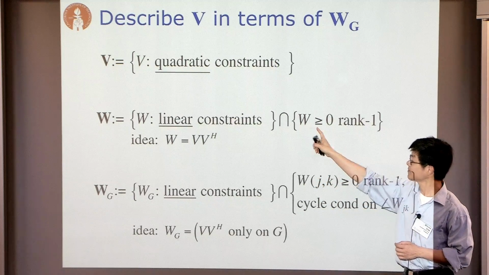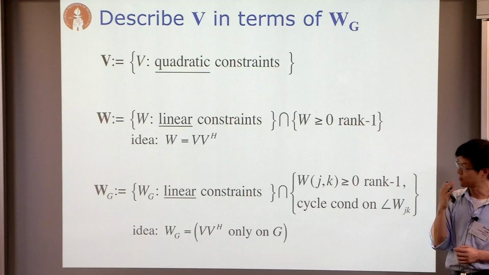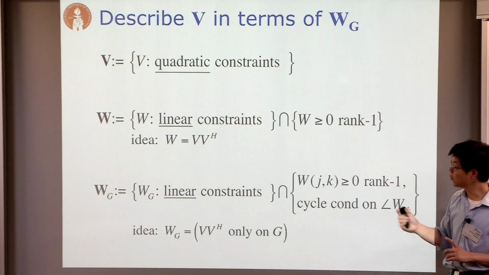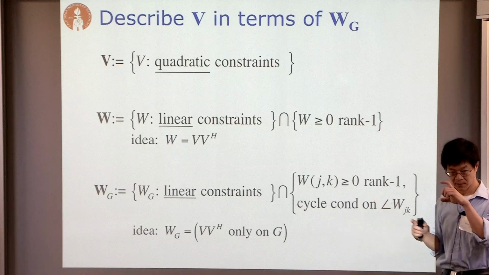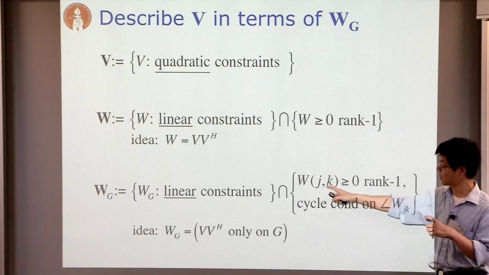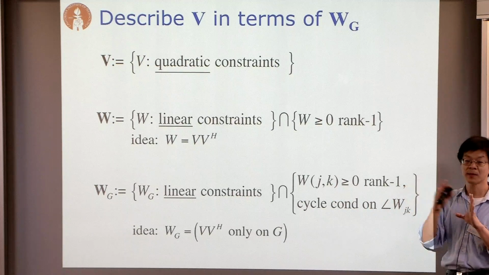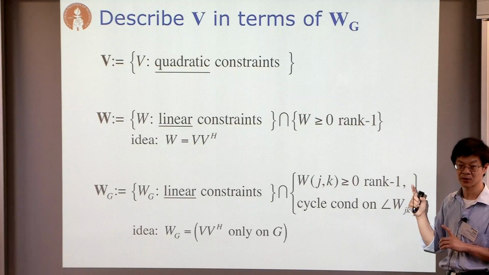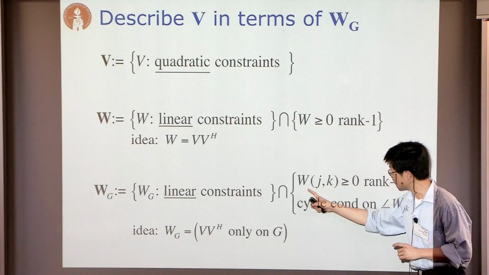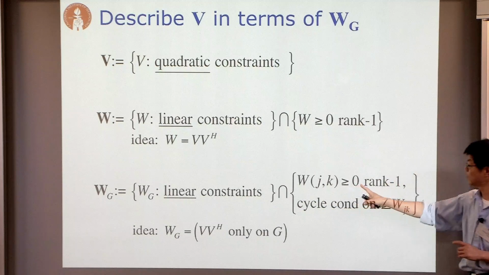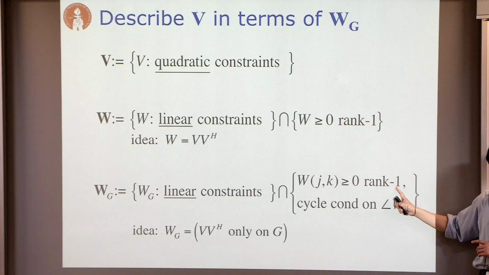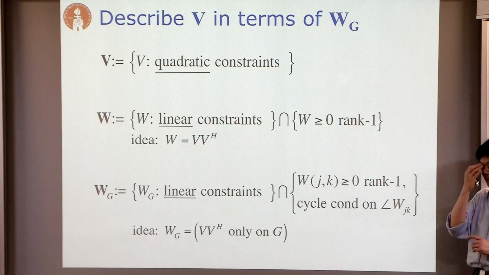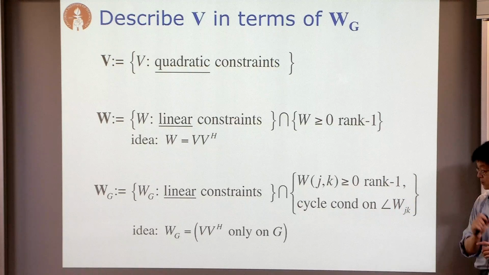You don't require the entire W to be positive semi-definite and rank 1, but only for every line that connects node J and K, you have this 2 by 2 matrix. So WJJ, WJK, WKJ, WKK. So a 2 by 2 matrix. You only require those 2 by 2 matrices to be PSD and rank 1. So you have as many as the number of lines, but each is a much smaller piece.